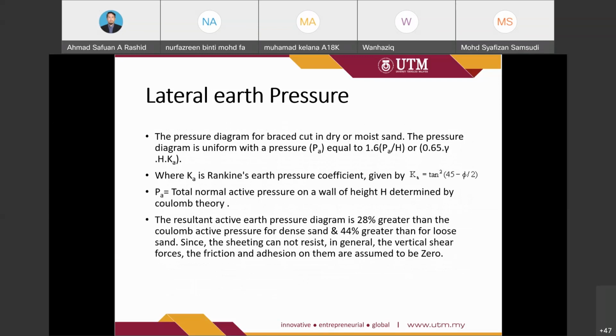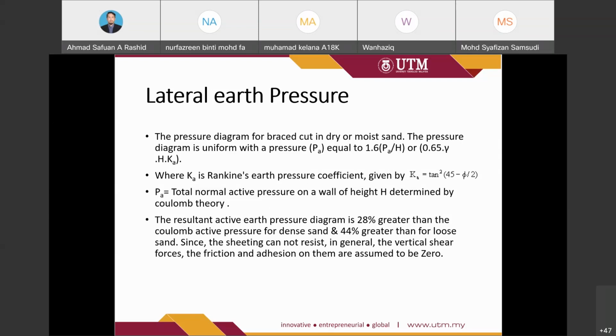The pressure diagram for braced cuts in dry or moist sand is uniform with a pressure PA equal to 1.6 times PA over H, or 0.65 unit weight times H times KA.